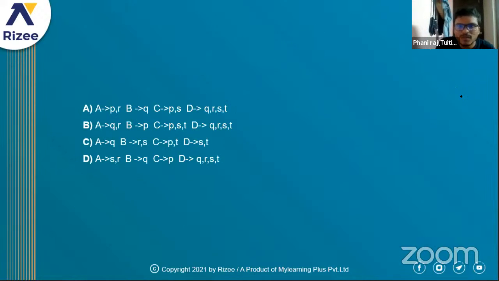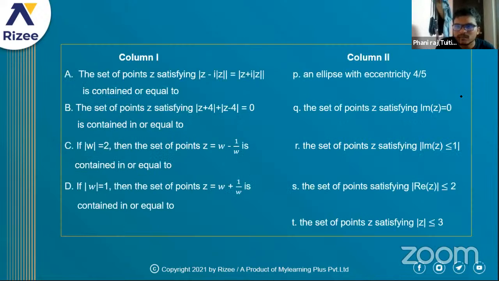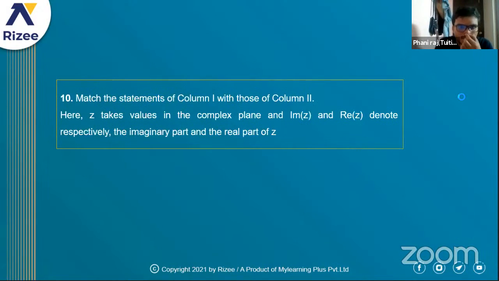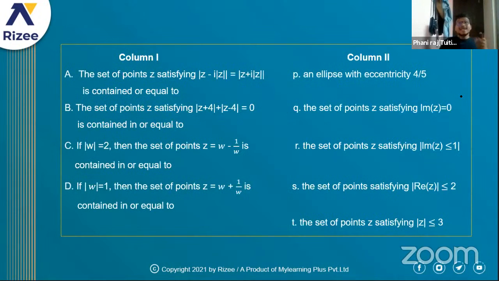Okay, mod z is not equal to 0. So is that equal to 1? Imaginary part is less than or equal to 1. Yeah, so it's contained in, okay, it's contained in or equal to.